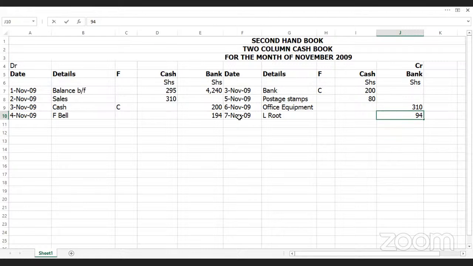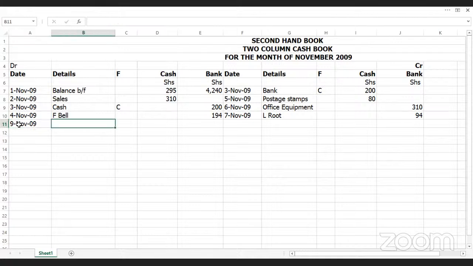On the 9th November, we received the business rates refund by check, shillings 115. We are receiving, so it's a receipt.